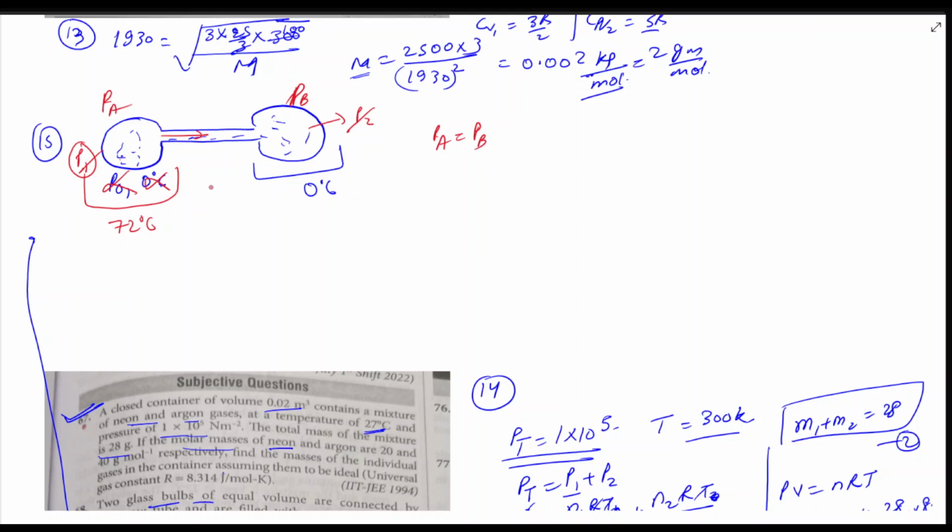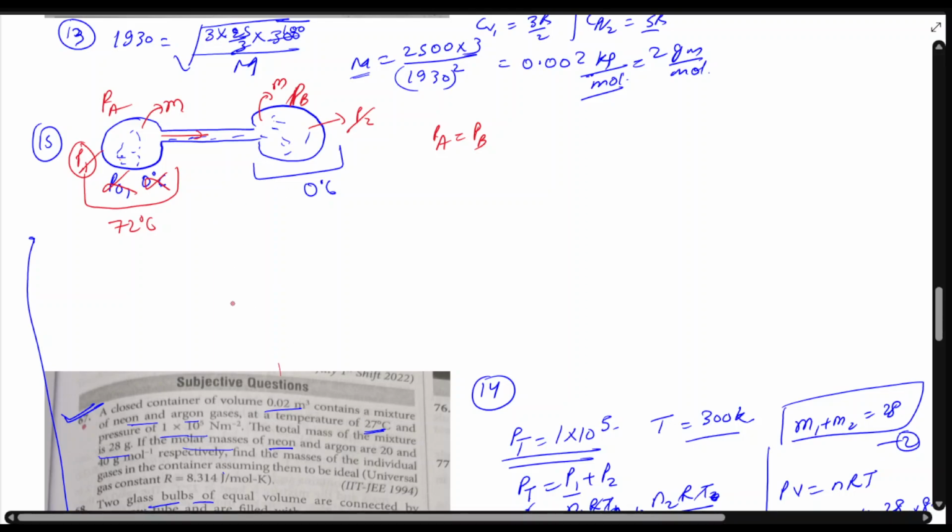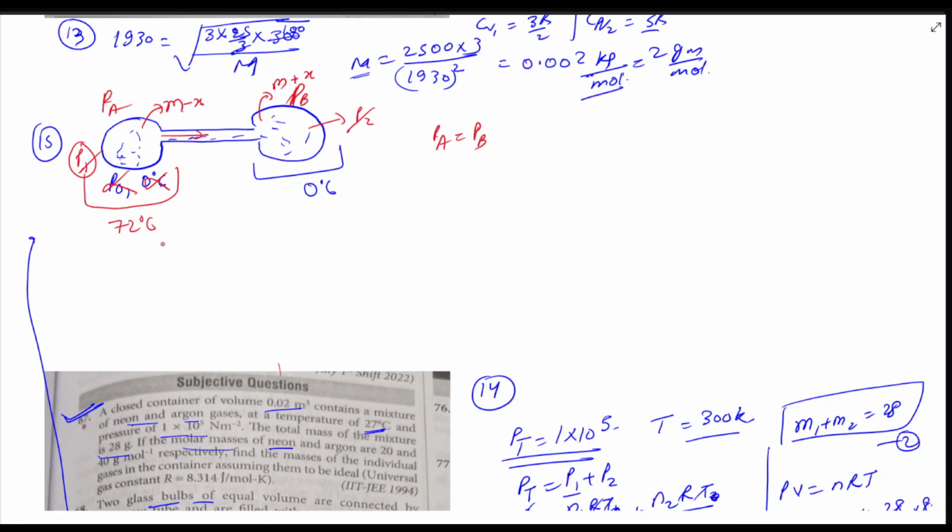Okay, now look, it has a mass m and the other will also have a mass m because the volume is the same and the temperature was the same initially. So let's say x mass has moved from here, so it will get the x mass, right? So we will write pressure as number of moles into RT upon volume, right? So NA R TA upon V will be equal to NB R TB. So R will get cancelled.